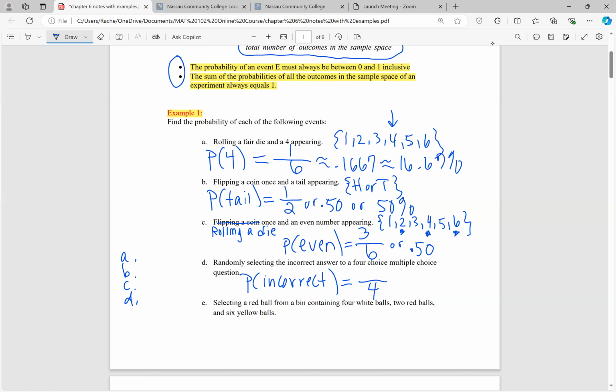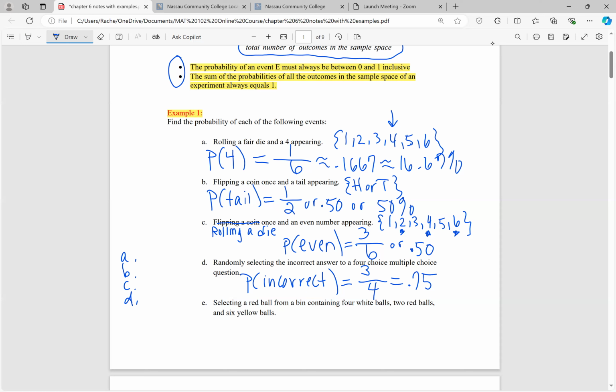That's how many outcomes are in my sample space. How many of those are incorrect? Now, typically when we have a multiple choice question, just one of them is the correct answer, right? The other 3 are the wrong answer or the incorrect answer. So that's going to be 3 out of 4, or 0.75 if we convert that to a decimal.